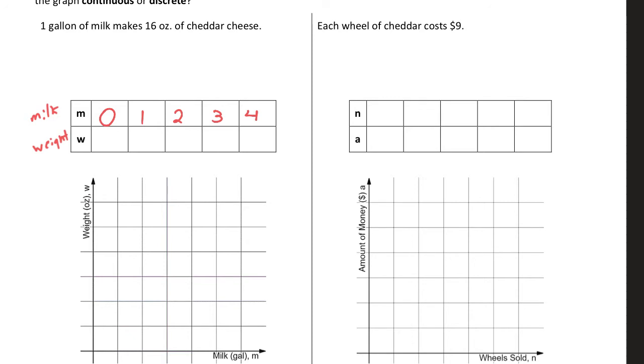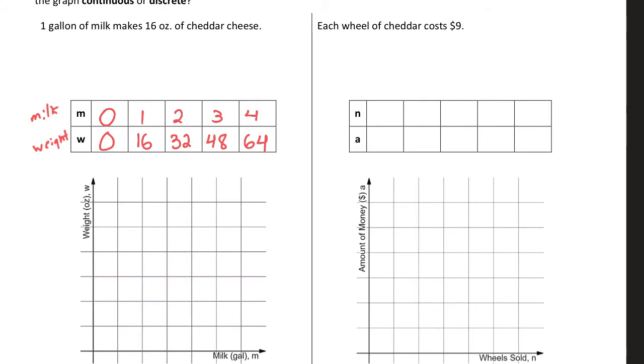Okay? Now, I'm just using the table first, we will write the function rule in a second. What we've got to think about is if I have 0 gallons of milk, I can make 0 ounces of cheese. If I have 1 gallon of milk, I can make 16 ounces, and that's the situation we're given. 2 gallons of milk, 32 ounces. 3 gallons, 48 ounces. 4 gallons, 64 ounces.